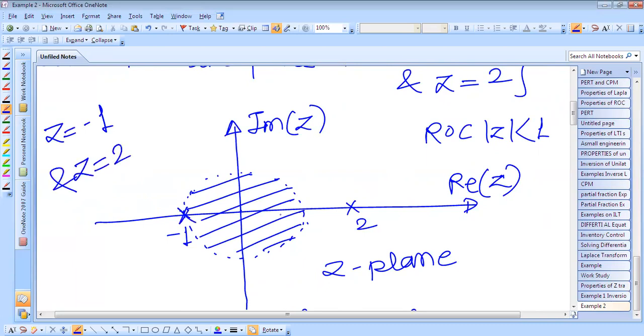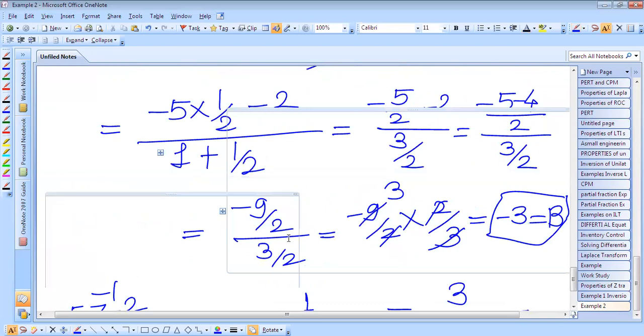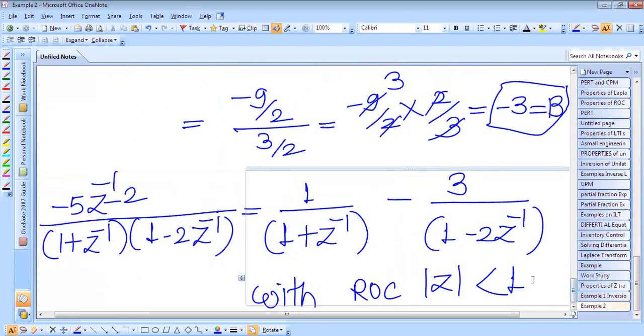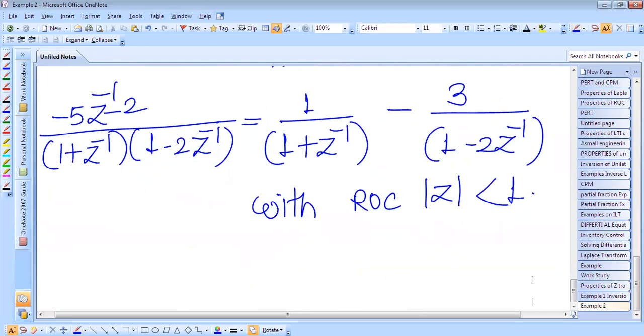This is minus 1 and this is 2. And what is the ROC? The ROC here is less than 1, and therefore we can write that the ROC has a smaller radius than either pole.